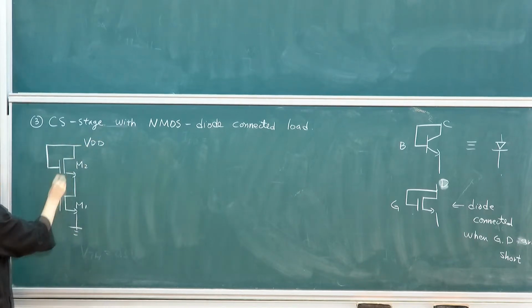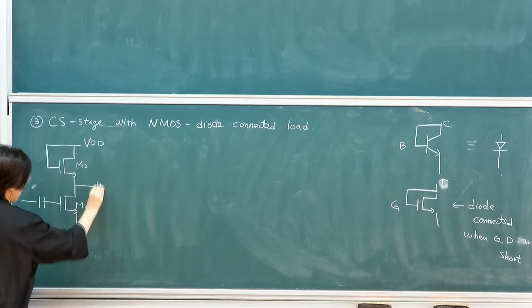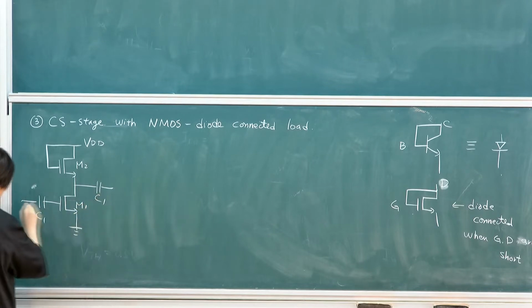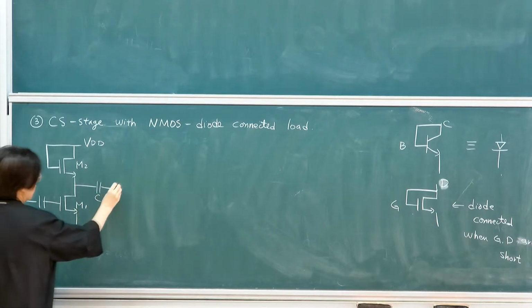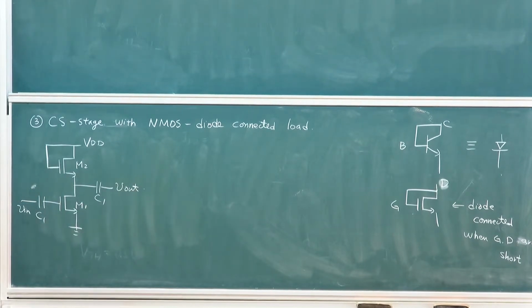Instead of having a PMOS drain, you will be looking into a MOS source when this happens. So this will then be my input as well. This will be my output. So coupling, Vin, Vout. So the circuit will look something like this.